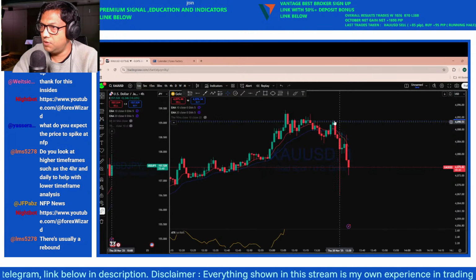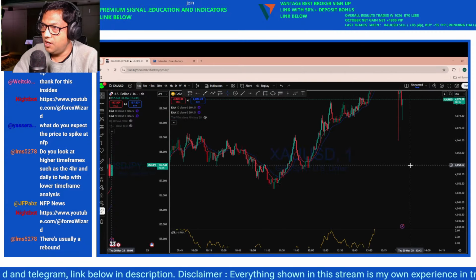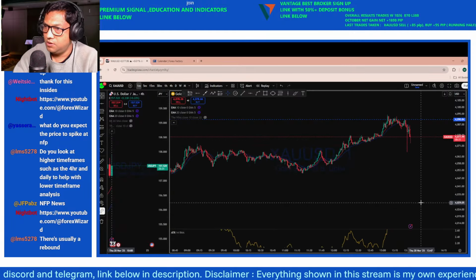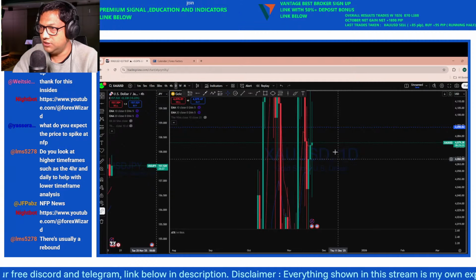So it created a head and shoulders, and after the head and shoulders, the market is now trying to push back below. There's a daily low.